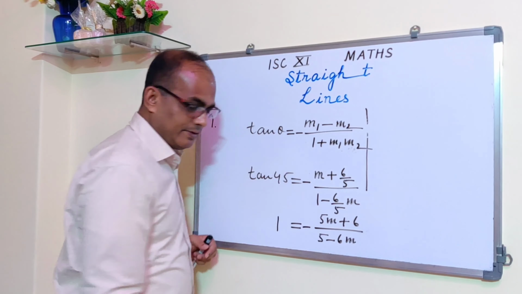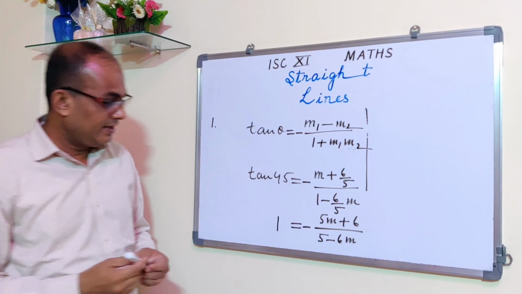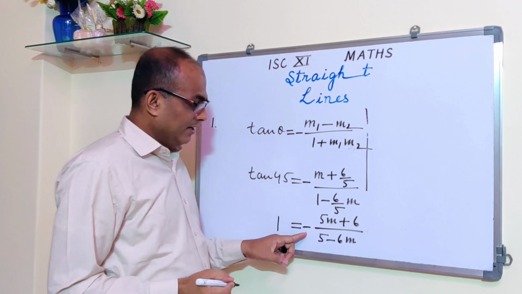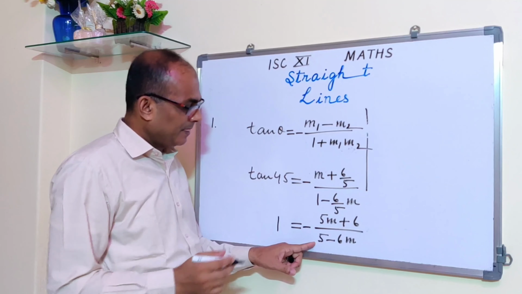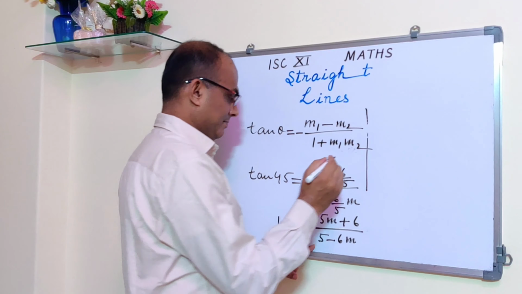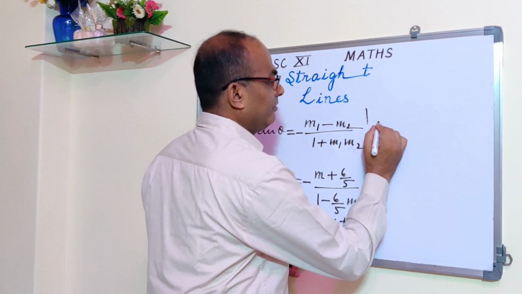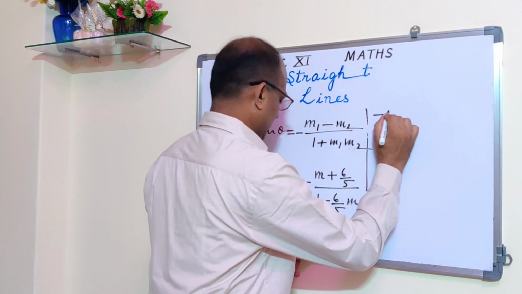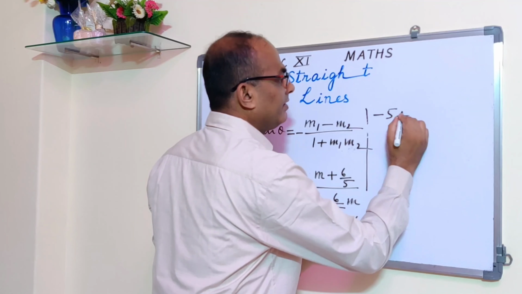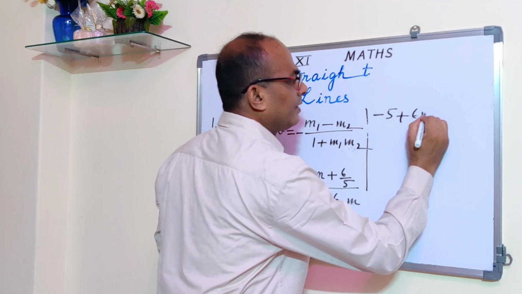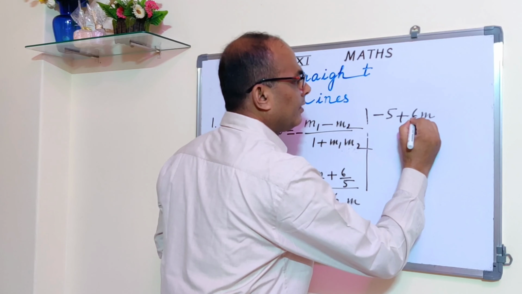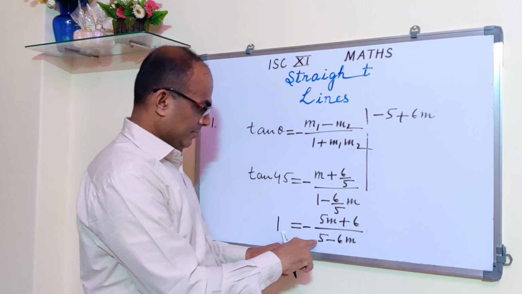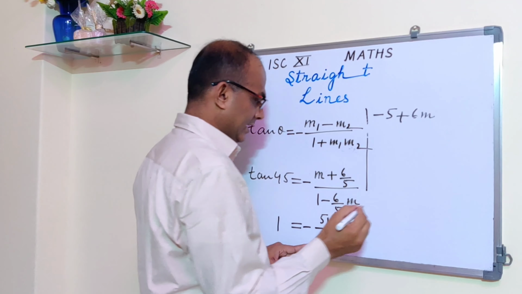Minus you can take with this, so minus 5 plus 6m is equal to 5m plus 6.